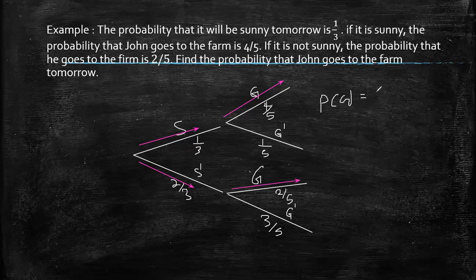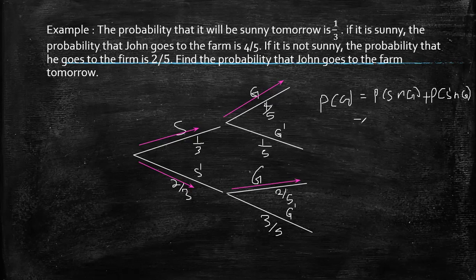we are going to say the probability of John going to the farm is the probability of S intersection G plus the probability of S prime intersection G. So which gives us a third times 4 out of 5.